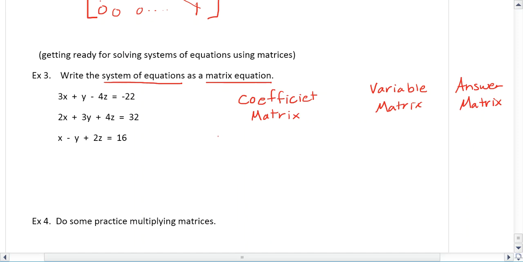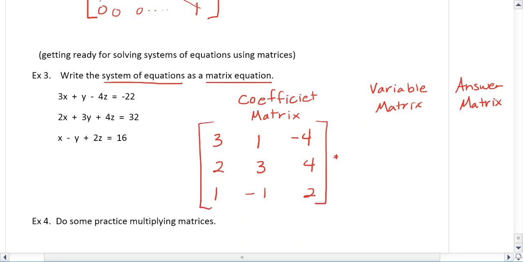So first, the coefficients. Just pull the coefficients off of their term. The first x coefficient is 3, y coefficient 1, and the z is -4. From the second row, we have a 2, 3, and a 4. And from that last row, we have 1, -1, and 2. So there's our coefficient matrix.